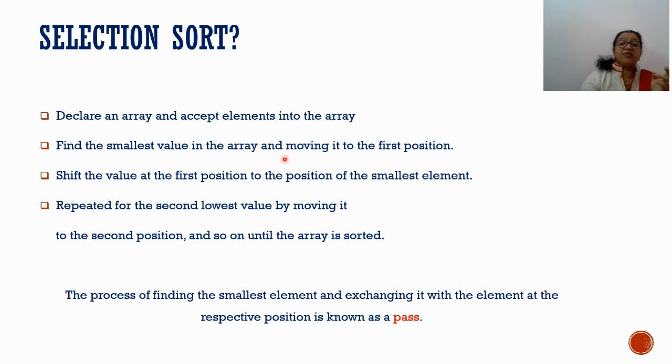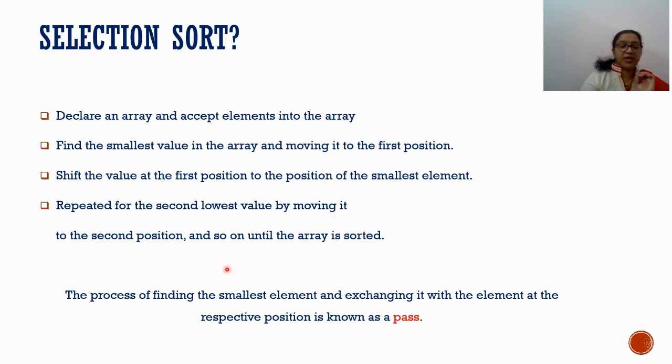Here we select the lowest one and move it to the first position, and at the same time move the value at the first position to the position of the smallest element. This process repeats until the array is sorted. So this is called selection sort.